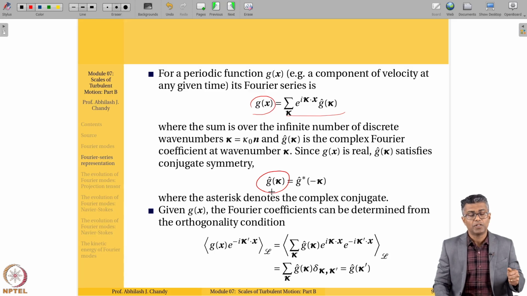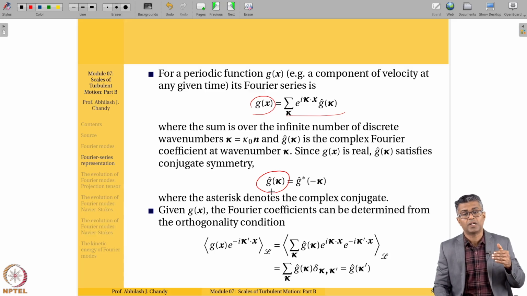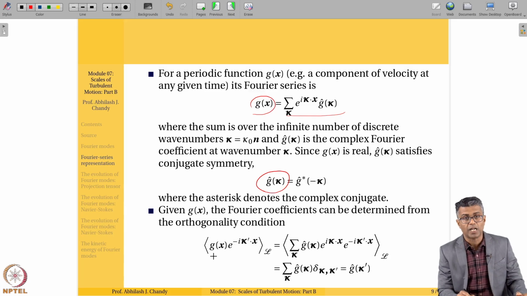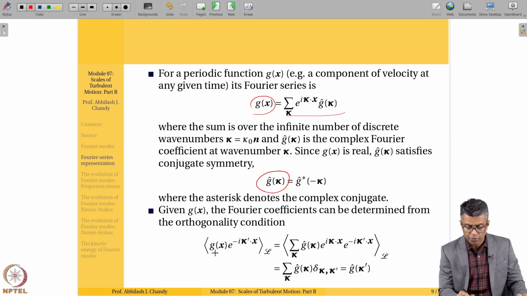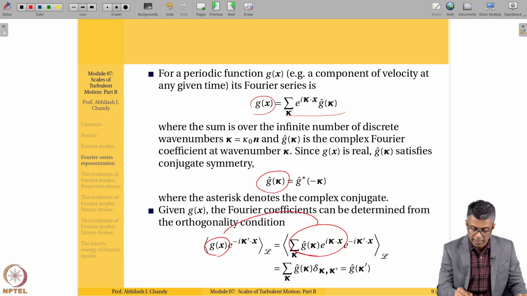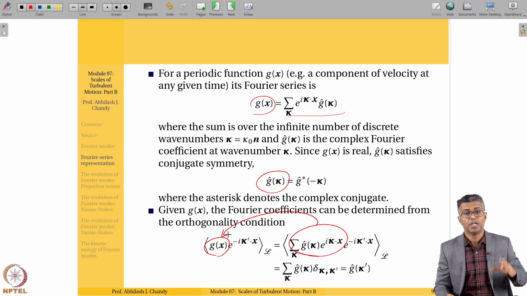Now given g of x, the Fourier coefficients, you can determine them from the orthonormality or orthogonality condition. So if you take g of x times e to the minus I kappa prime dot x, volume average of that, and you write g of x as g hat of kappa times e to the I kappa dot x. So this entire thing is coming from here, isn't it? G of x, we are writing it as an inverse Fourier transform by definition.